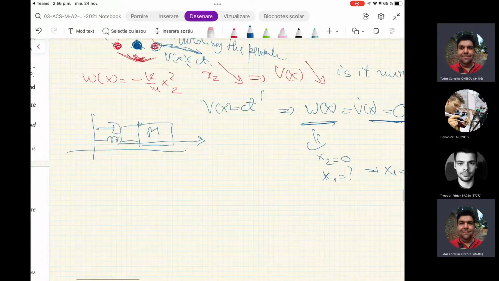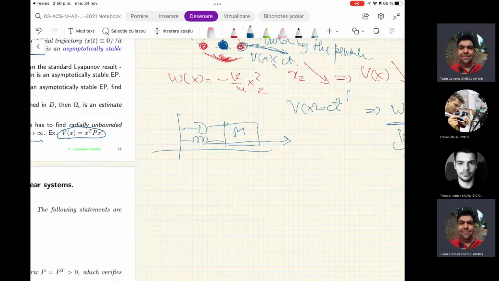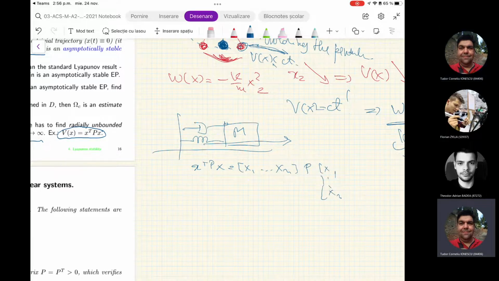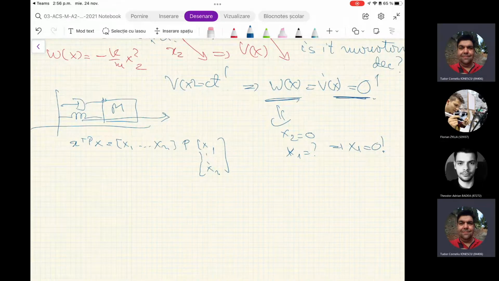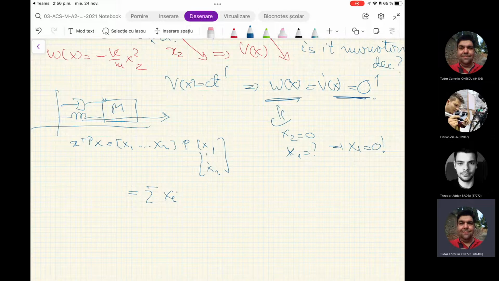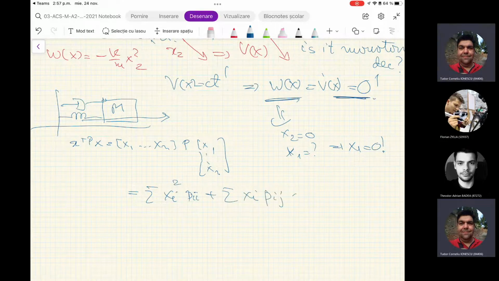So x transpose P x, with x1 to xn and P, is essentially a sum of xi squared pii plus a sum of xi pij xj, quadratic terms. They're all quadratic terms, that means polynomials of second degree.